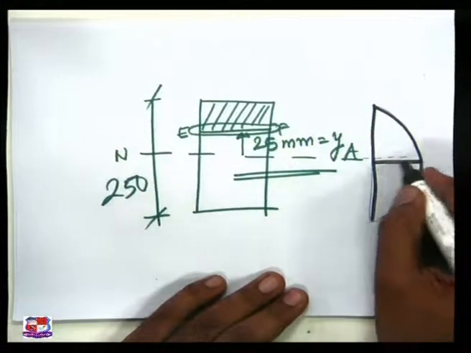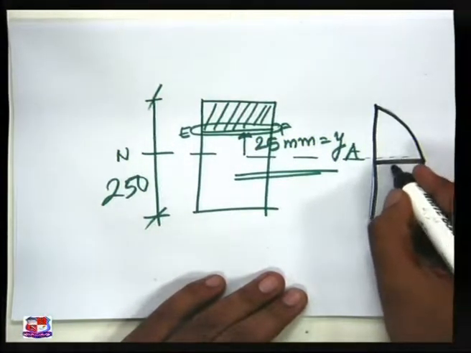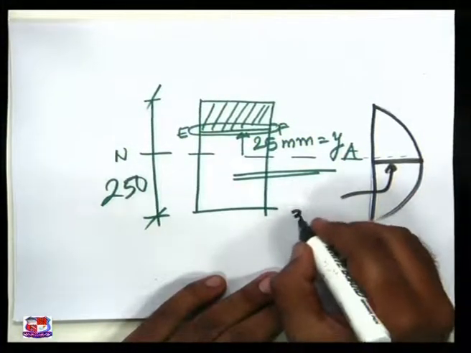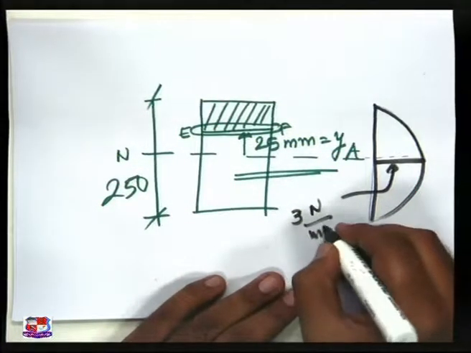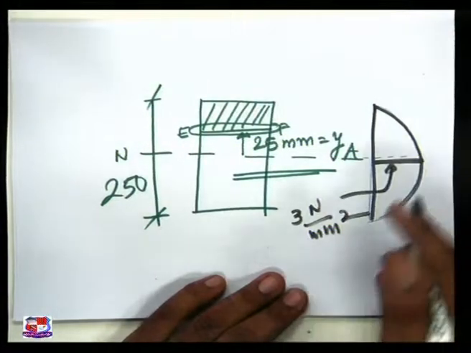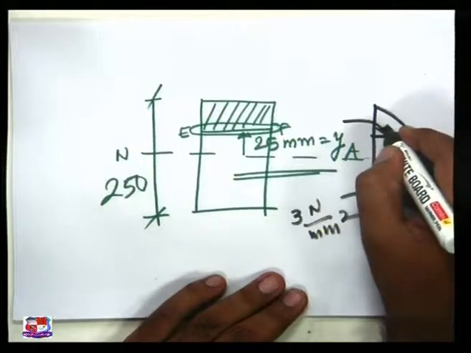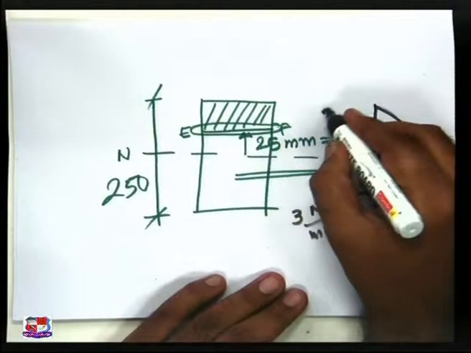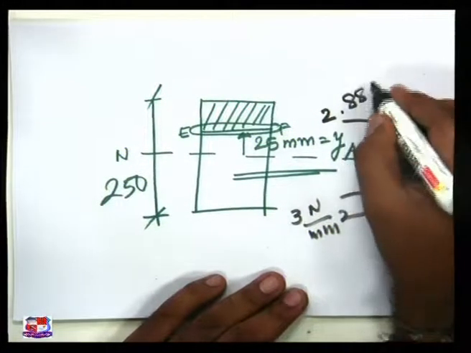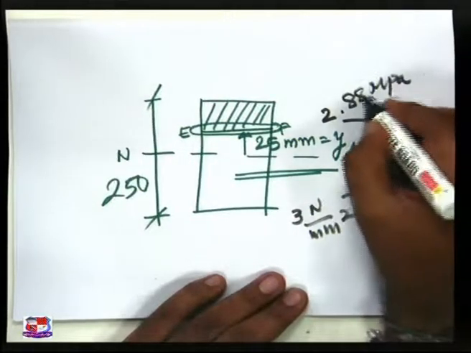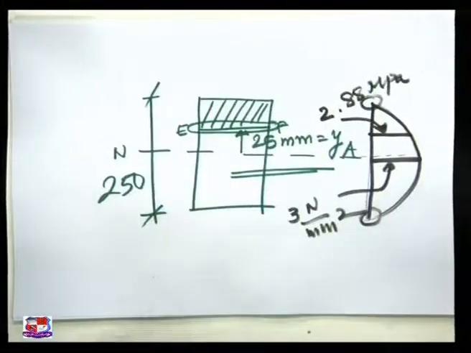This is neutral axis, and we found out this value as 3 Newton per mm square, and this value we achieved from this part number 3, that is 2.88. This is 0, this is 0.